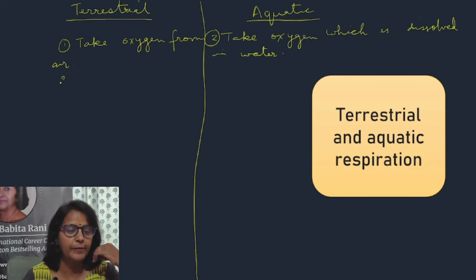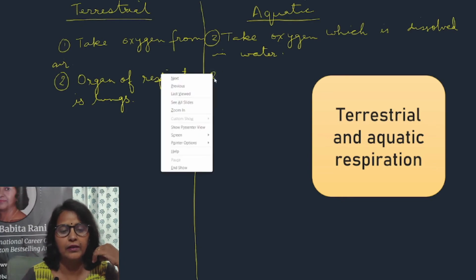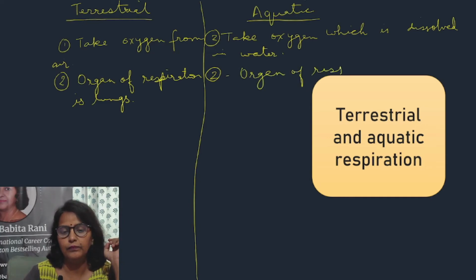The organ of respiration in case of terrestrial respiration is lungs. Example is human being. In aquatic respiration, organ of respiration is gills.